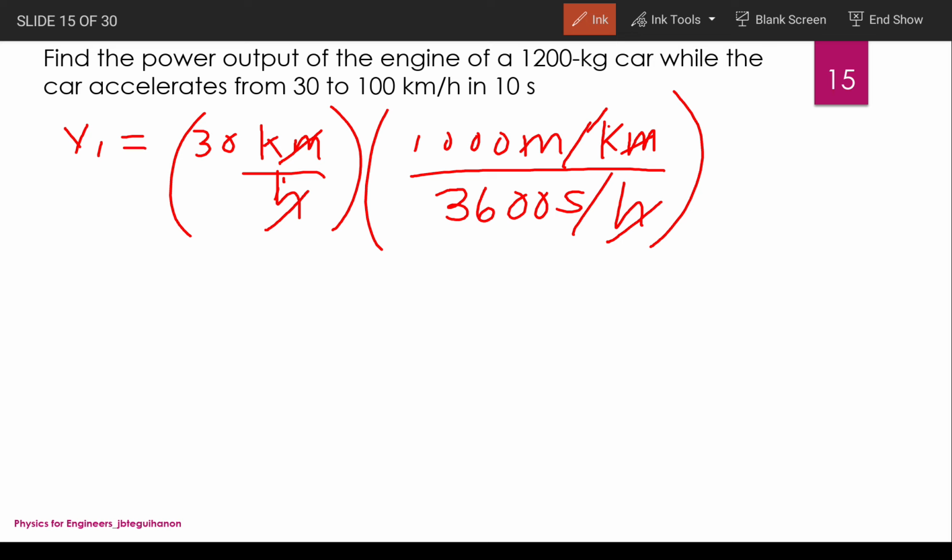What we have left is, of course, meters per second as the unit, and the number is 8.33.